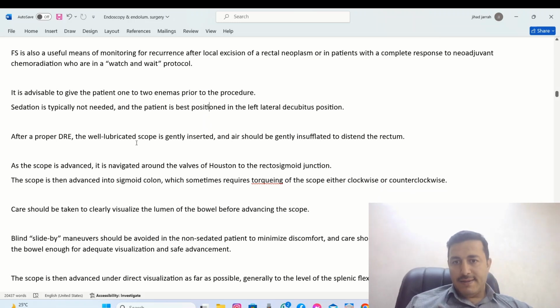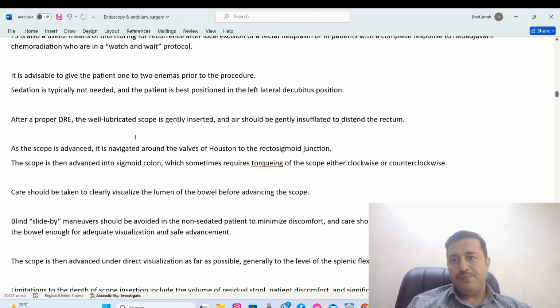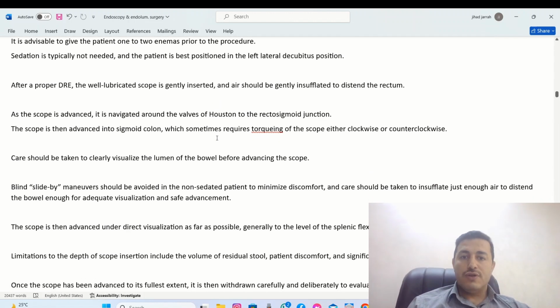The technique actually doesn't require sedation, and again, lubricating the tip of the scope and gently inserting the scope, and after we pass the sphincter complex and reach the rectum, we start with air insufflation. Of course, in our route we will find the valve of Houston and the rectosigmoid junction.